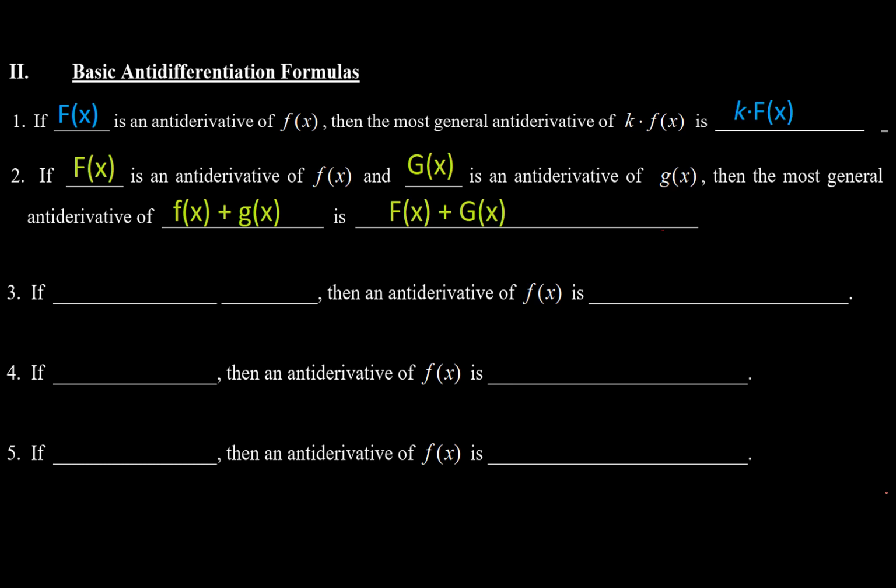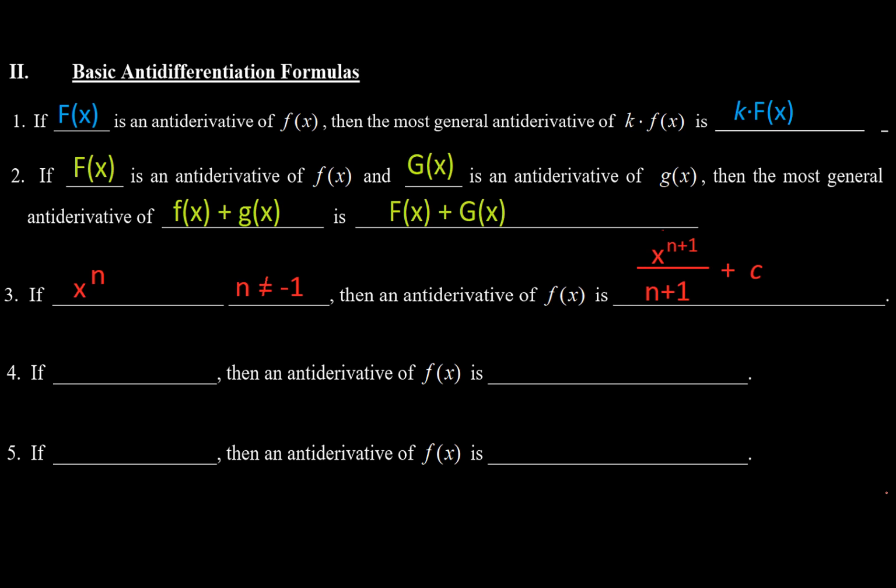If F of x is the antiderivative of f and G of x is the antiderivative of g, then the most general antiderivative of f plus g is F plus G. So in other words, I can add these antiderivatives together. Here's that power rule we were talking about before. If I'm taking the antiderivative of x to the n, then I'm going to add 1 to it, divide it by that power, and then add C.